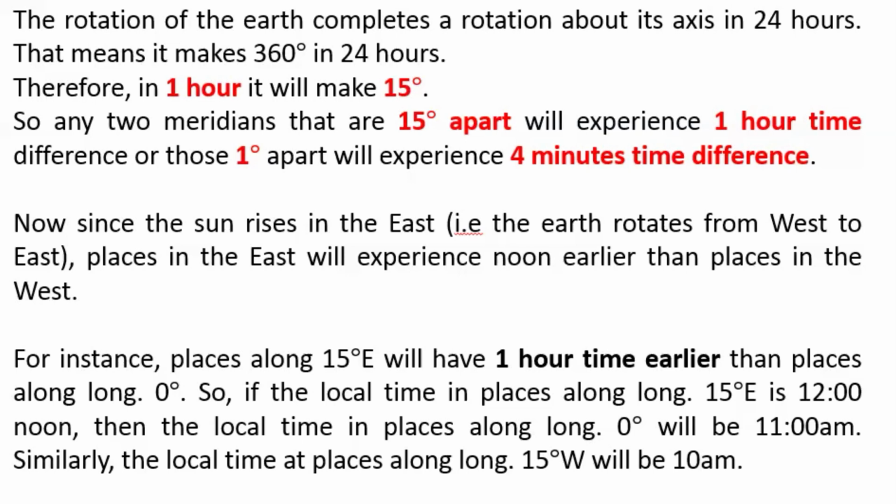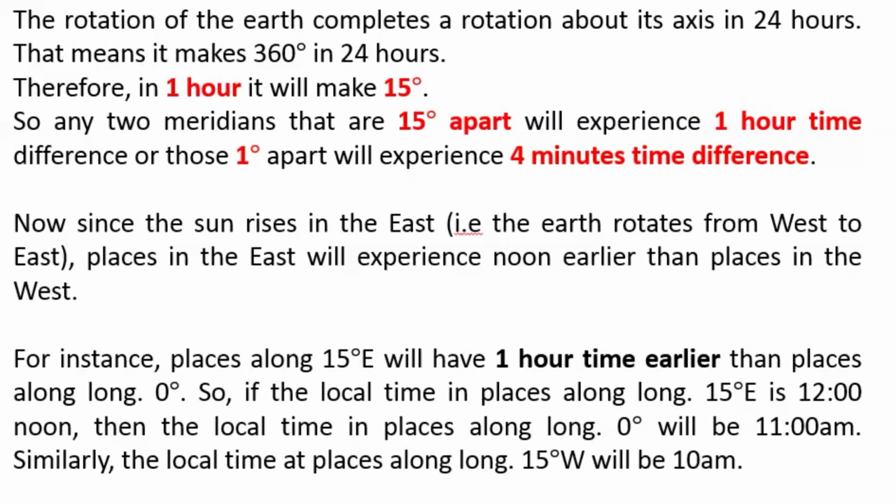That's very important. Since the Earth rotates from the west to the east, places in the east experience noon earlier than places in the west, and this is a fact. For instance, places along 15 degrees east will have a time 1 hour earlier than places along longitude 0 degrees.